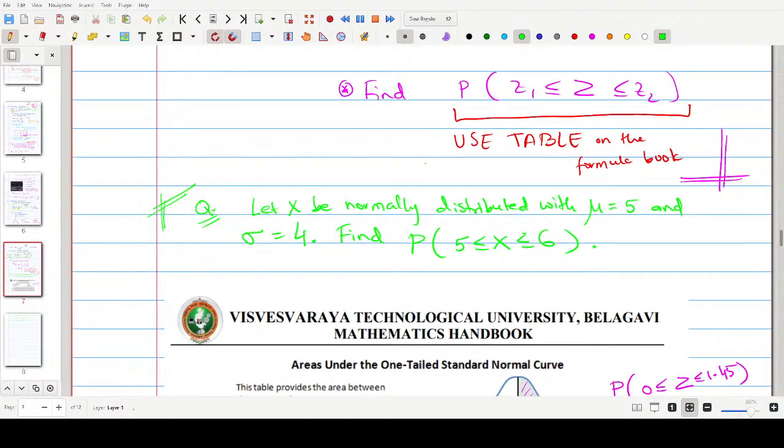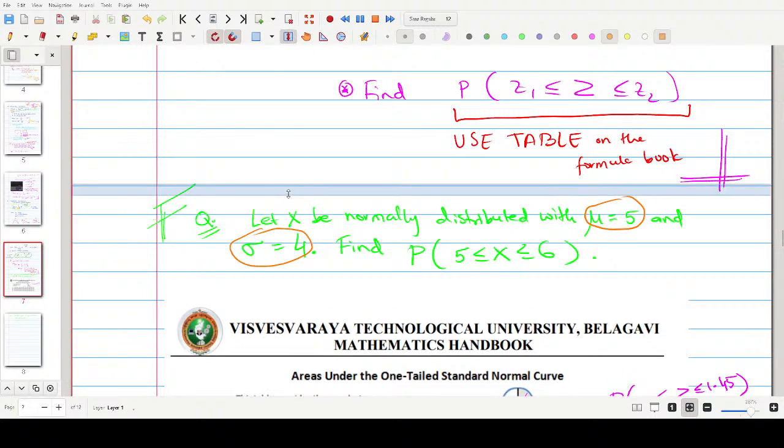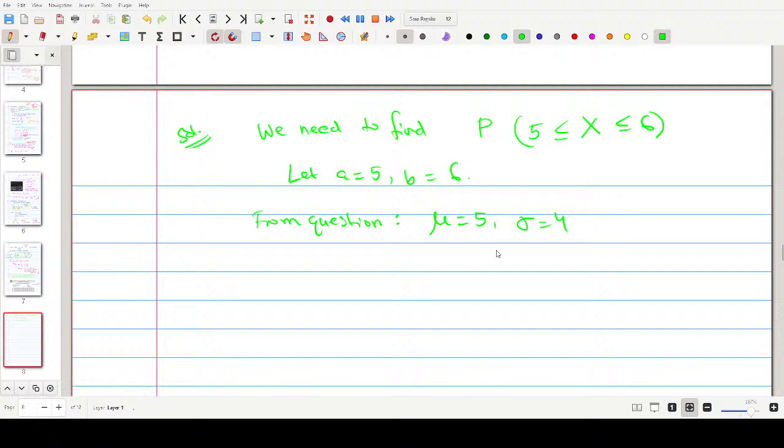We'll use these two values, mu and sigma, both of which are given, to find the values of z1 and z2.